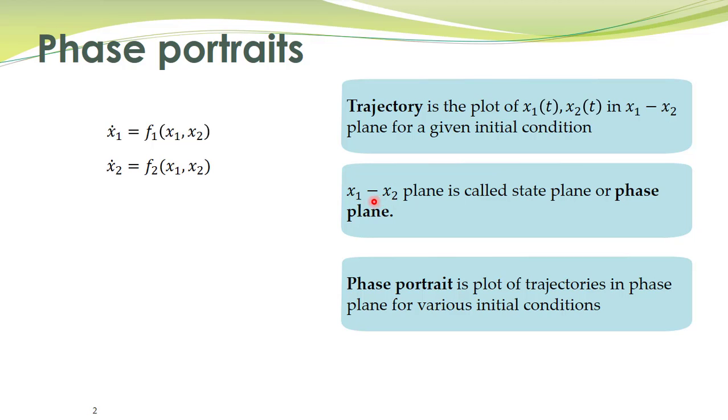And this x1 x2 plane is called the phase plane or phase state plane.